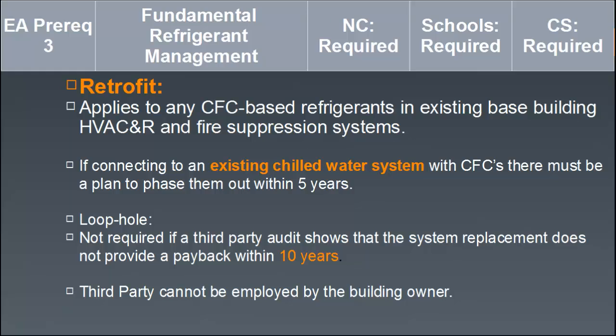It should not be used as a way to get out of being responsible, since it's important that we reduce refrigerants that have high ozone depletion potential or global warming potential. Keep in mind, if you are going to actually reference it, it needs to be a third party that verifies that it didn't have payback within 10 years. It's not just a claim a building owner can make, which is important.